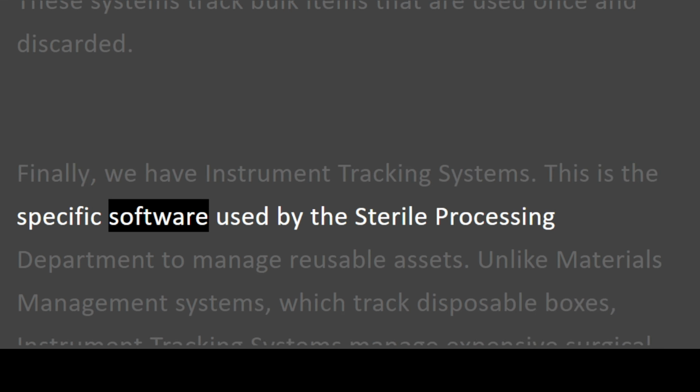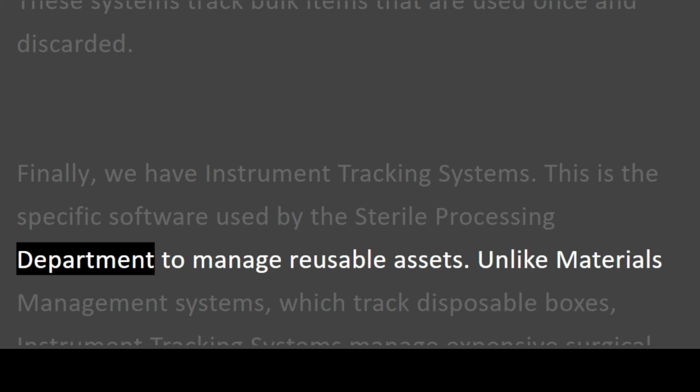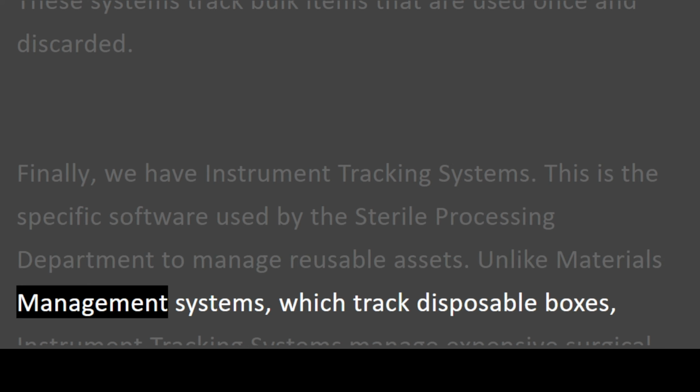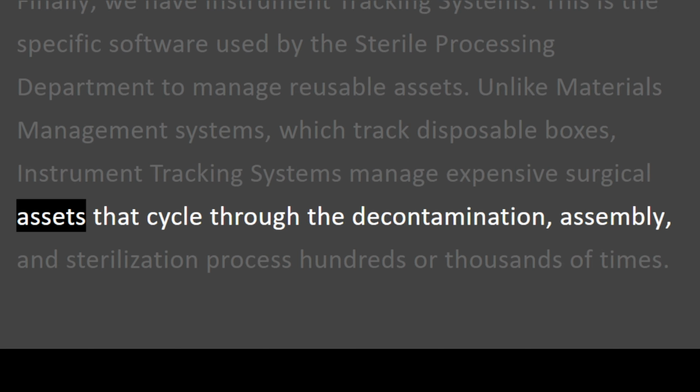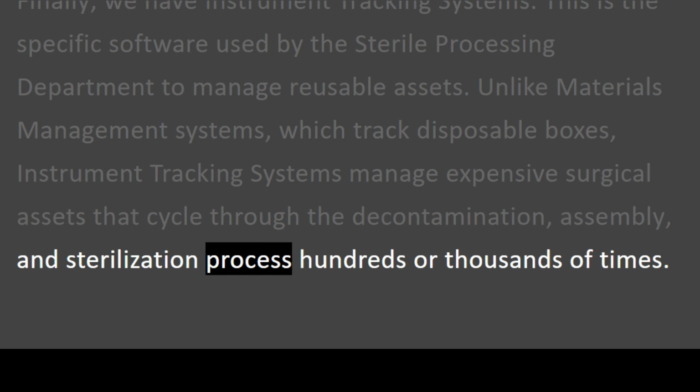This is the specific software used by the sterile processing department to manage reusable assets. Unlike materials management systems, which track disposable boxes, instrument tracking systems manage expensive surgical assets that cycle through the decontamination, assembly, and sterilization process hundreds or thousands of times.